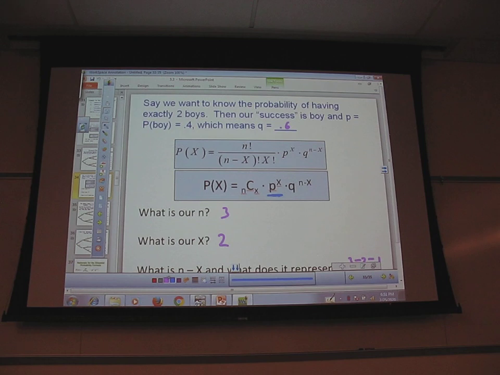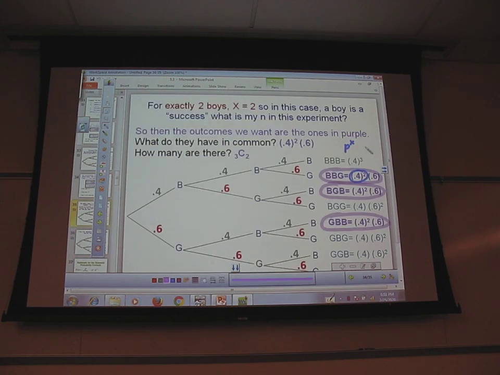Then I also have the q to the n minus x. q, that's 0.6, right? This is my q to the 1 power. Why 1? Because that's how many failures I have. That's my n minus x. Are you guys following that part there? And then I need 3 of them, right? Because I have 3 of them.